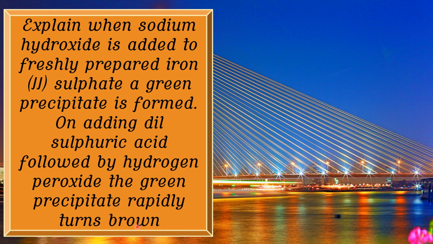So they want us to explain that when sodium hydroxide is added to a freshly prepared iron 2 sulphate, we get a green precipitate. And when we add dilute sulfuric acid followed by hydrogen peroxide, the green precipitate rapidly turns brown.